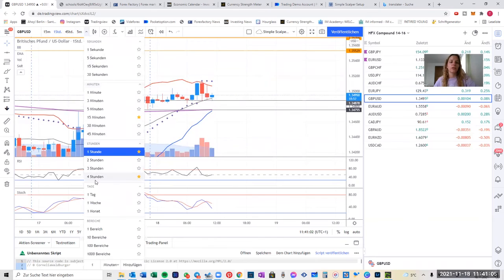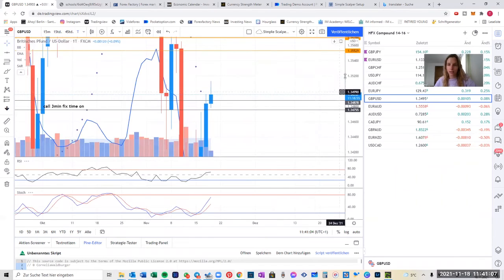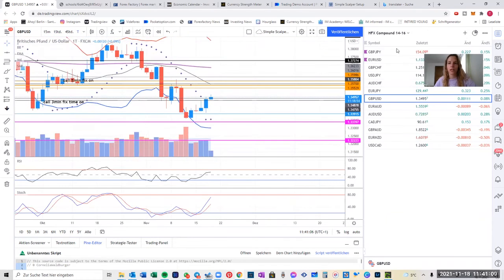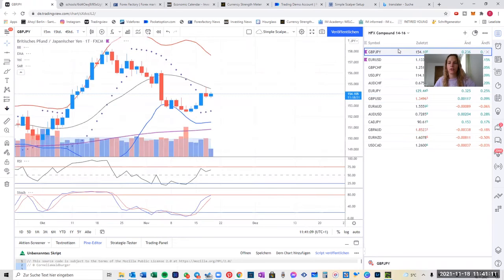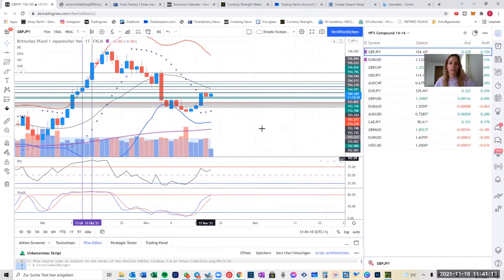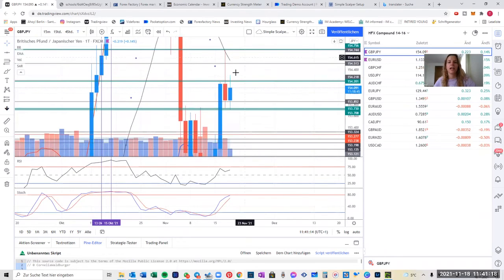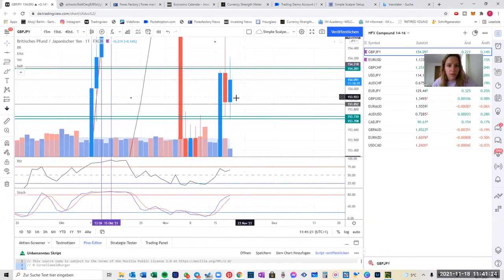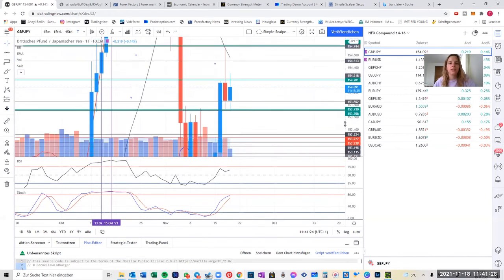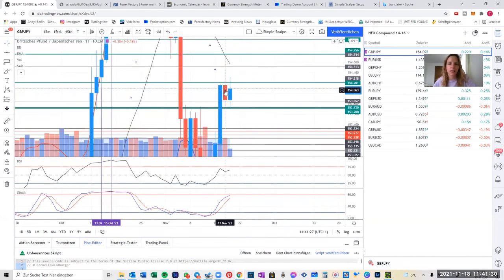Really important for a good analysis, I recommend to first go in the daily chart, like I have done here. Just make it really big. And then I take the last 2 candles and just draw it. Because here the last candle was 17 November, we have 18.